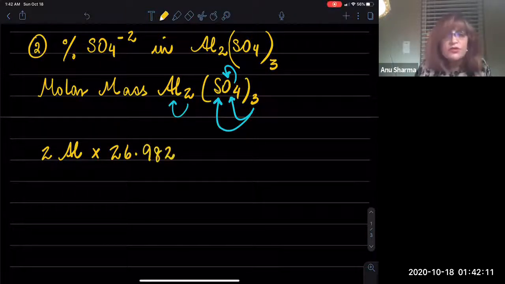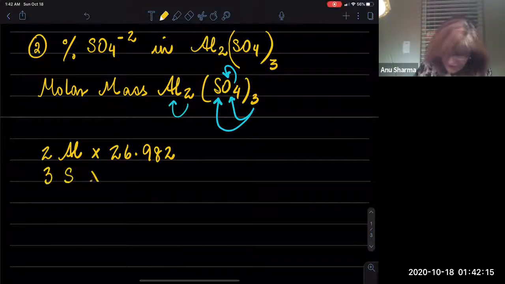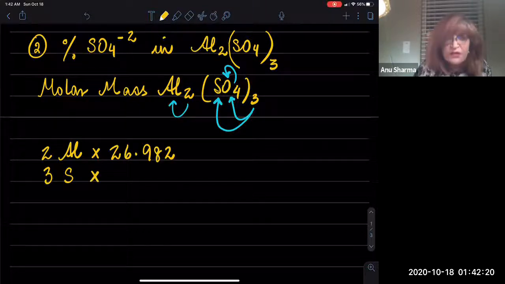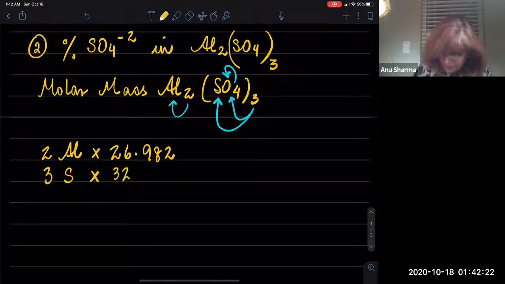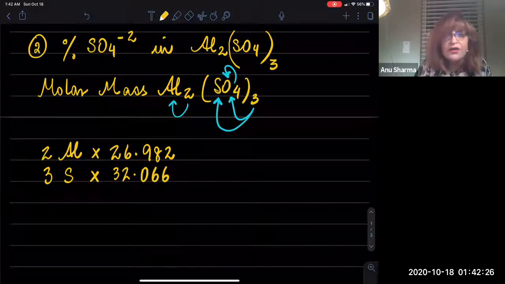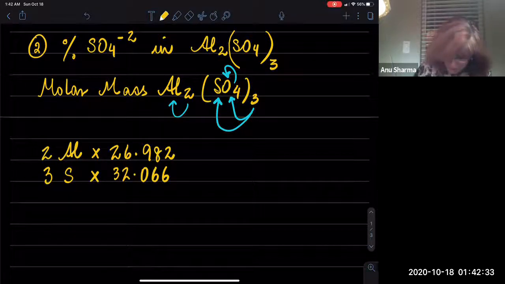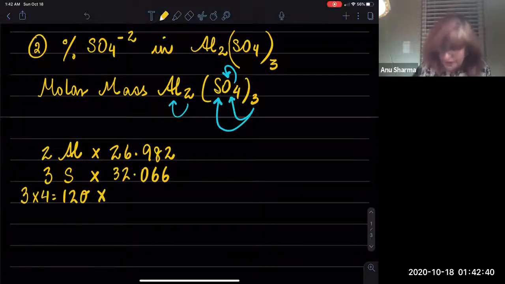26.982 grams per mole. Sulfur, there are 3 sulfurs, and the weight of sulfur is 32.066. And oxygens, there are 4 oxygens in each, so 3 times 4 equals 12 oxygens, and oxygen is 15.999.